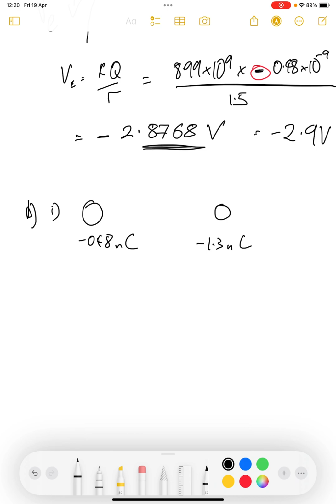When you think about it, the force is repelling them because they're both negative. So if I want to bring it in from infinity into there, I will have to work against the repulsive force, and so I'm doing positive work. So my number is going to be positive when I bring it in, if you like, from infinity.